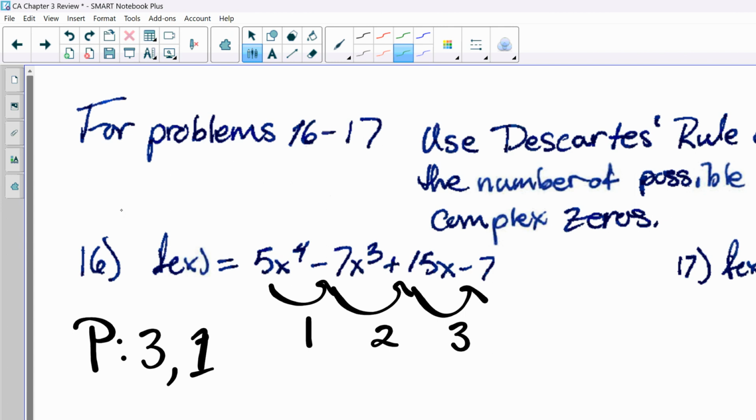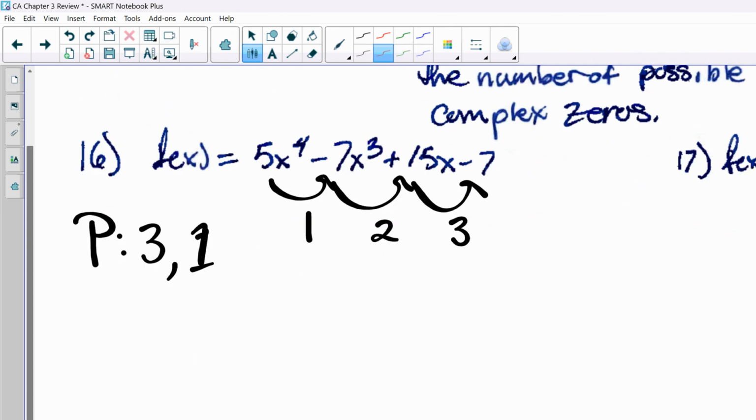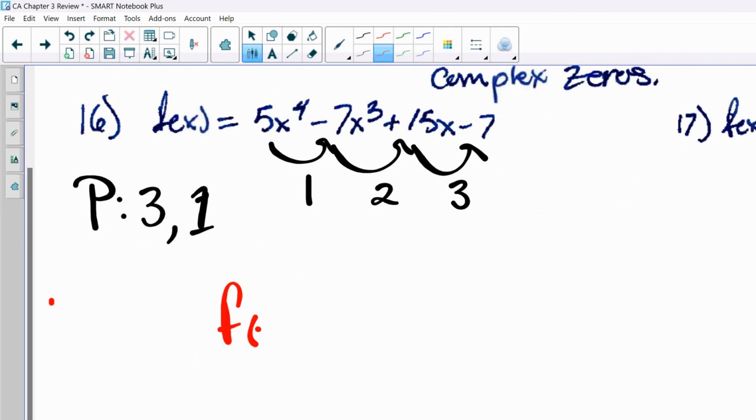Now the next thing to do to find the negatives is, we replace every x with negative x. In the first time we went over this, we put in parentheses negative x in every spot. An easier way, I think, is to look at the exponent. If the exponent is even, the sign stays the same. If the exponent is odd, it changes.